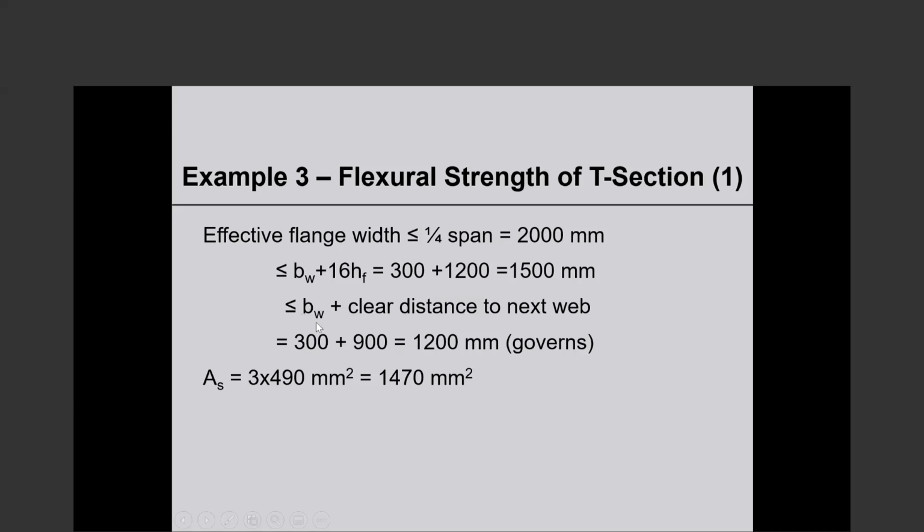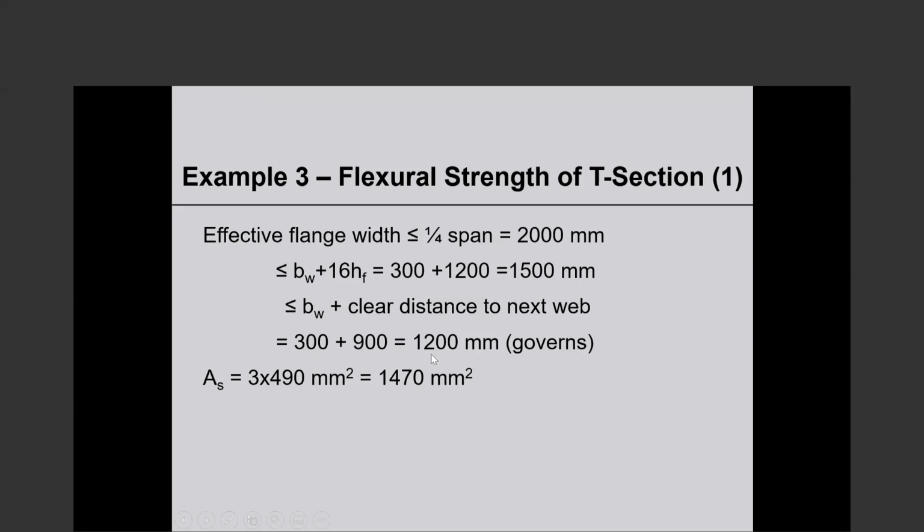And then the web width plus clear distance to next web. The web width is 300, and remember the beams are 1200 millimeters center to center. If they're 1200 millimeters center to center, then the clear distance between them is the 1200 millimeters minus the beam width, which is 900.